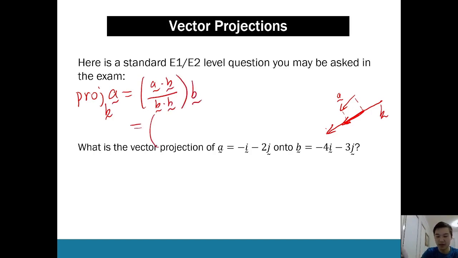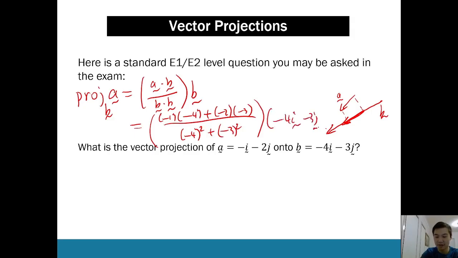So here, the dot product of A with B is going to be -1 times -4 plus -2 times -3. And the dot product of B with itself is -4 squared plus -3 squared. And that's all multiplied with -4i minus 3j.